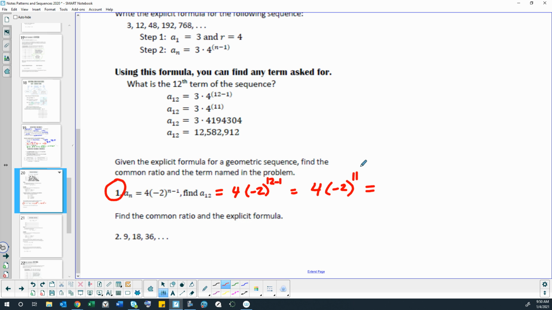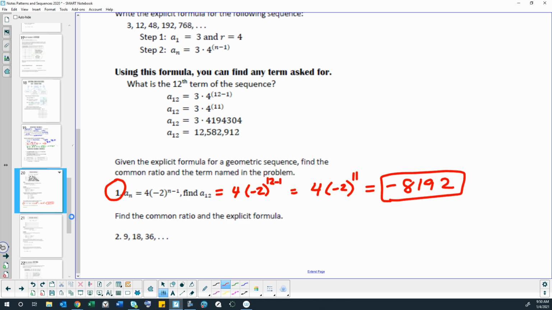And that just means you're multiplying -2 over and over and over. I got -8,192. Since this was a negative R value, that means that it's one of those problems where it's going to alternate positive, negative, positive, negative, etc., right?